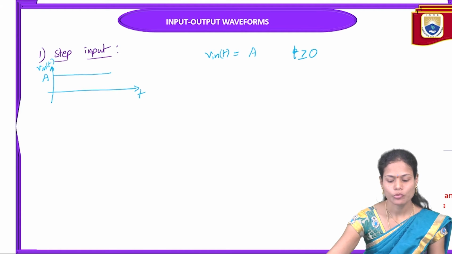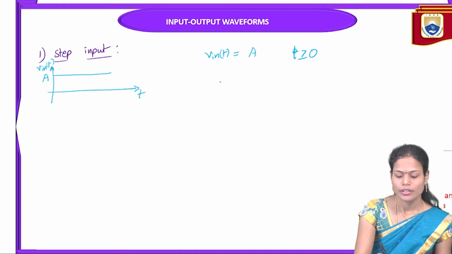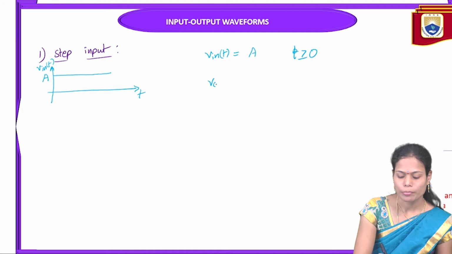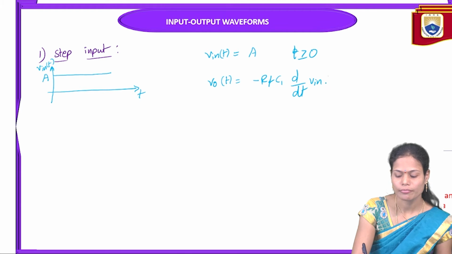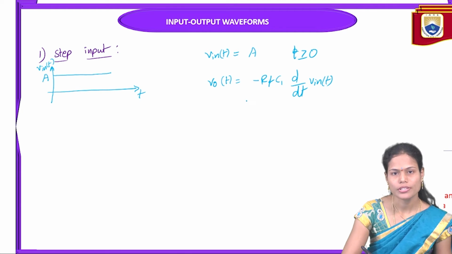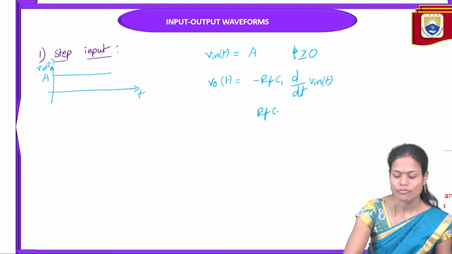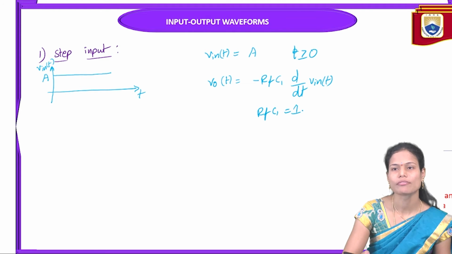And what is the output I am going to get? Here it is. We can calculate it from the output equation, that is V naught of t is equal to minus RF C1 d by dt of Vin of t. So for simplicity, as it is the ideal differentiator, I am taking my time constant value as unity, that is 1.